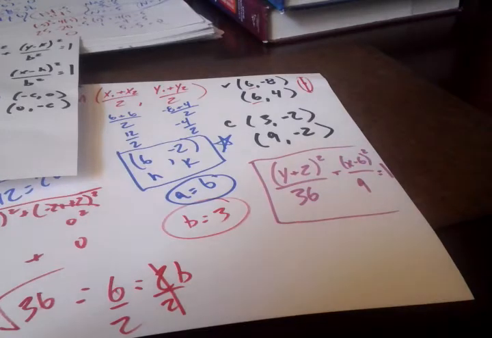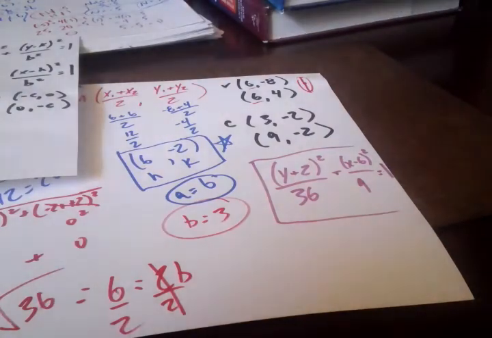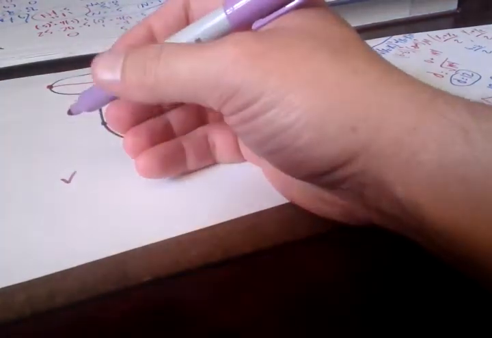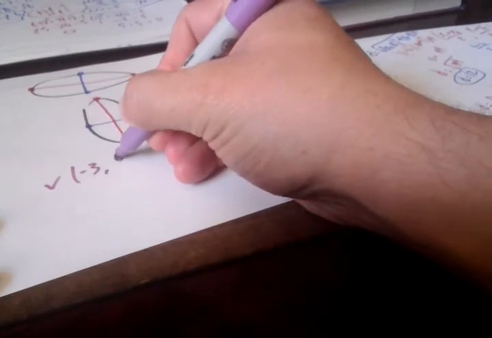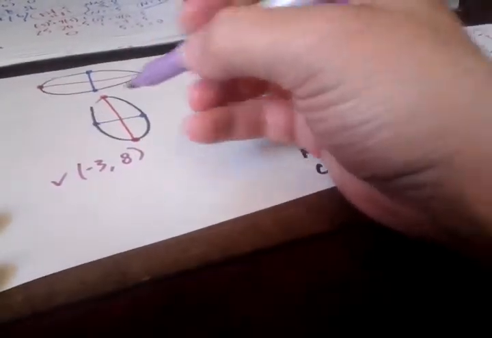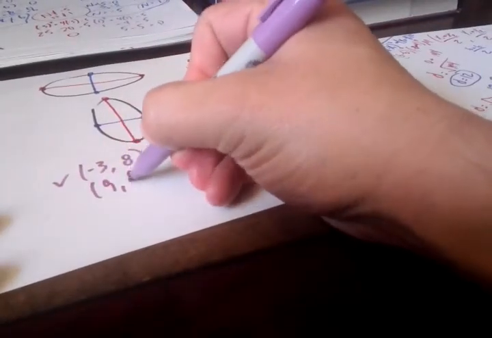Now, the last thing I want to do, you guys, is look at guided practice 2, just below example 2. Just look at the points they gave us, because you guys know how to use the distance formula and the midpoint. The vertex points were negative 3, 8, and 9, 8.